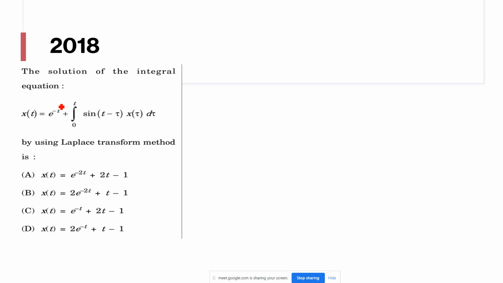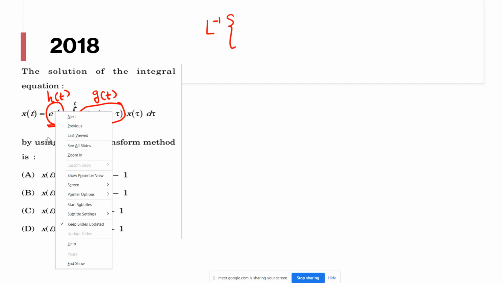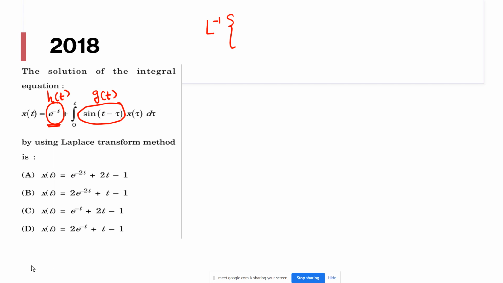So this is nothing but my h of t, and this represents my g of t. Whatever my answer is, it is nothing but the Laplace inverse of capital G of s. What would be the Laplace of this function e raised to minus t? The formulas that I require, I will keep writing, because remembering the formulas is a little difficult.